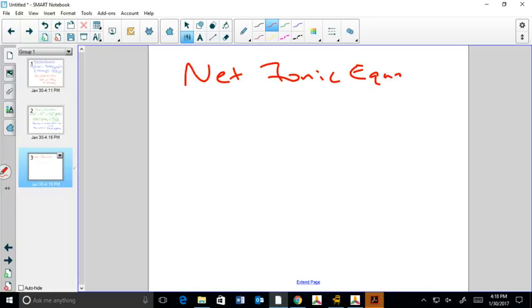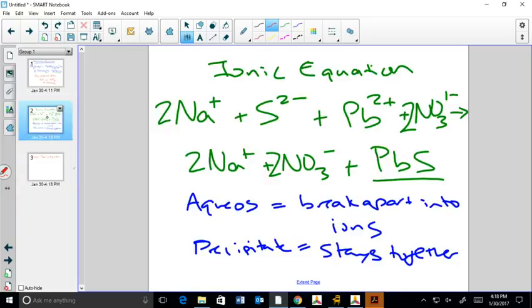Last, I have my net ionic equation. Very simply, I take my ionic equation, and anything that is on both the reactants and the products, I cross out. So since my sodium is in both of these, I forget about them. Since my nitrates, my two nitrates, are in both of these, I forget about them.